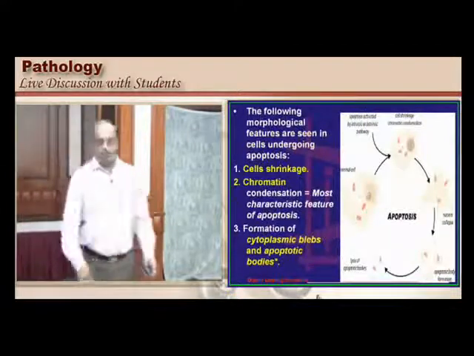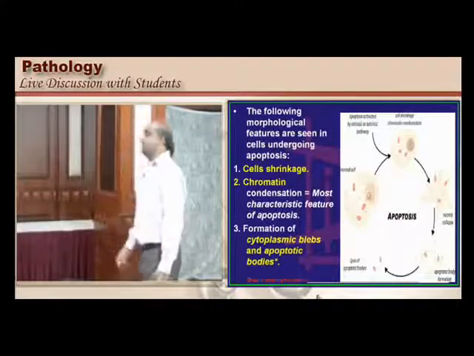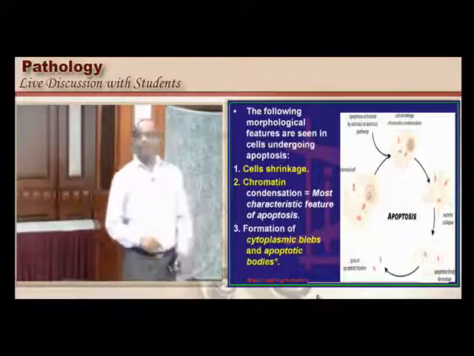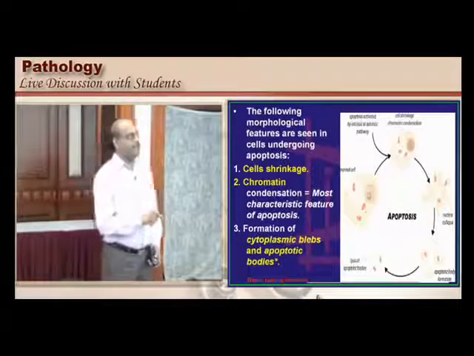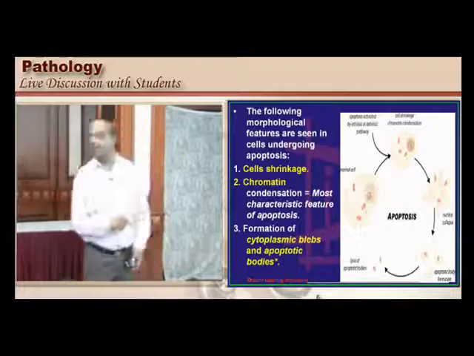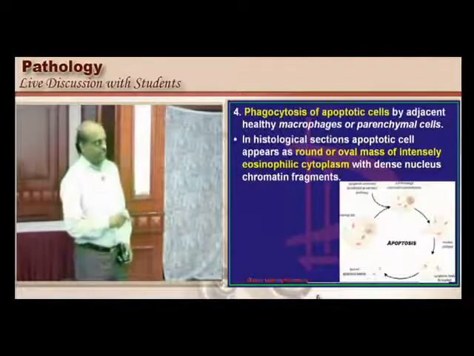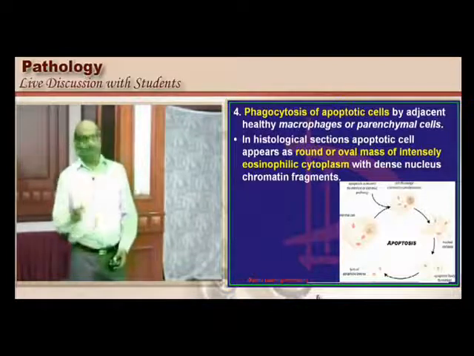So what are the important morphological hallmarks of apoptosis? There is cell shrinkage, chromatin condensation, cytoplasmic blebs, and apoptotic bodies which classically form, and there is phagocytosis of the apoptotic cells by the adjacent healthy macrophages.